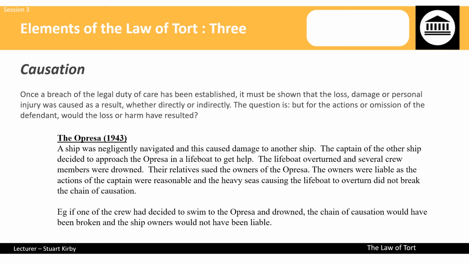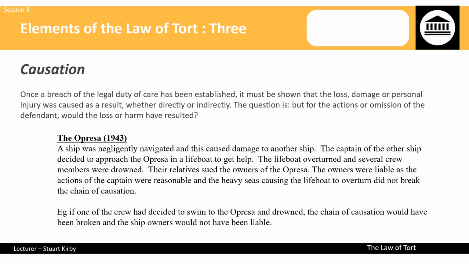So let's examine that further, because it is a little confusing in places. The Oppressor is the ship that was navigated negligently, damaging this other ship. The captain from that other ship decided to jump in a lifeboat with some of his crew and seek help from the Oppressor. Now, remember the reasonable man test, this is seen as quite reasonable behaviour.